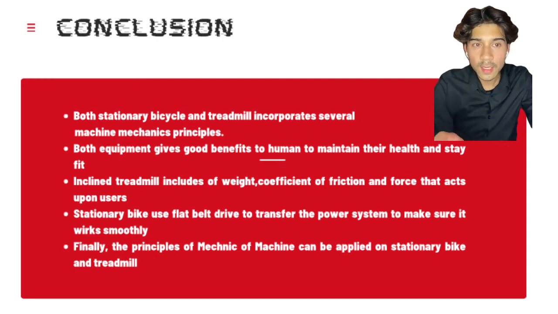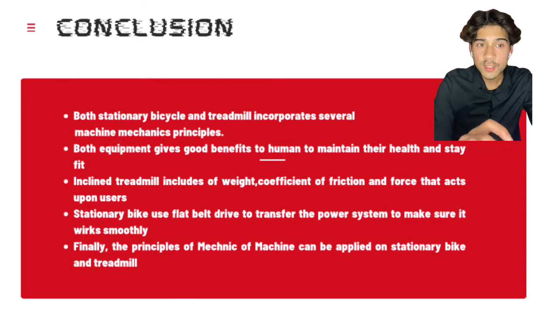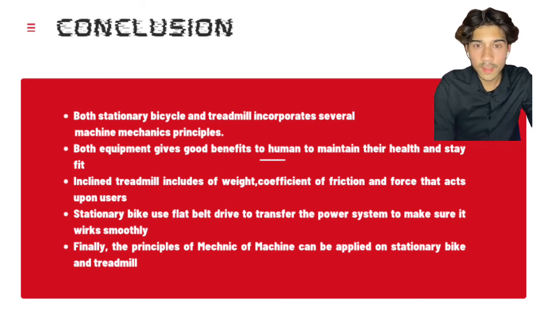Incline treadmills involve weight, coefficient of friction, and force. The stationary bike uses a flat belt drive to transfer power to make sure the system works smoothly. Finally, the principles of mechanics of machines can be applied on the stationary bike and treadmill.